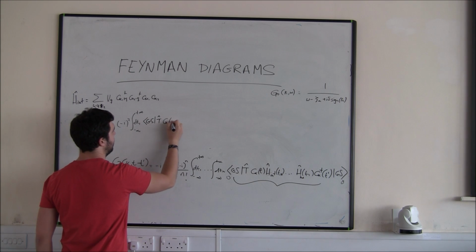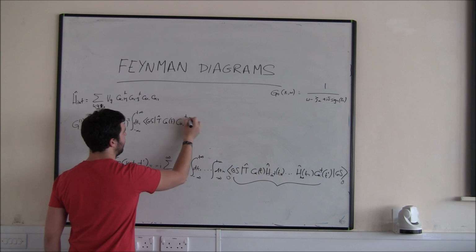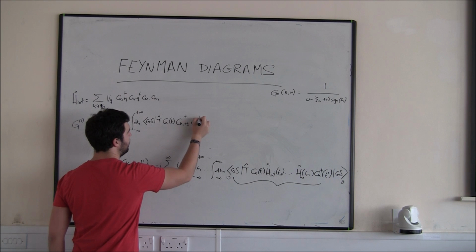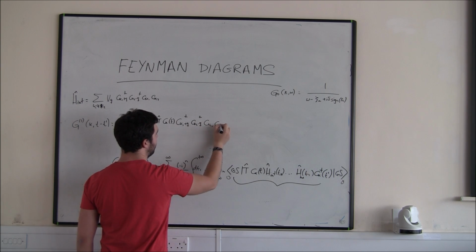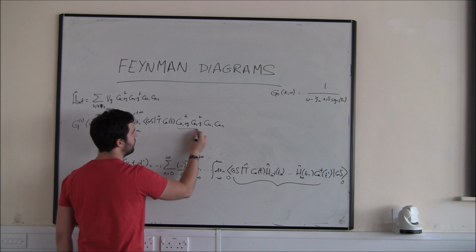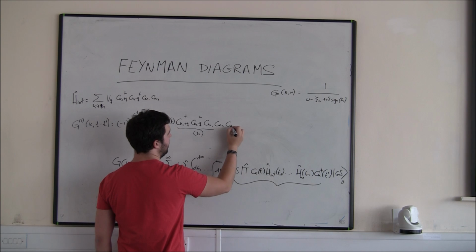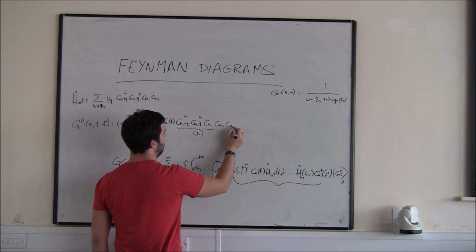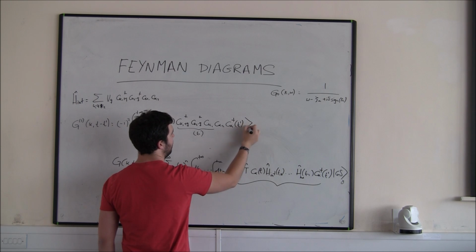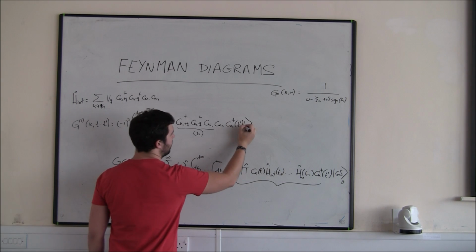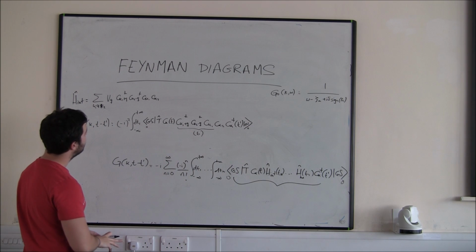So c_k of t, and then we have c_{k1+q} dagger, c_{k2-q} dagger, and all these operators I'm writing here, c_{k1}, c_{k2}, all these operators are evaluated at time t1. And then I have c_k dagger at time t dash, and I'm averaging with respect to the ground state, of course, of the non-interacting system.